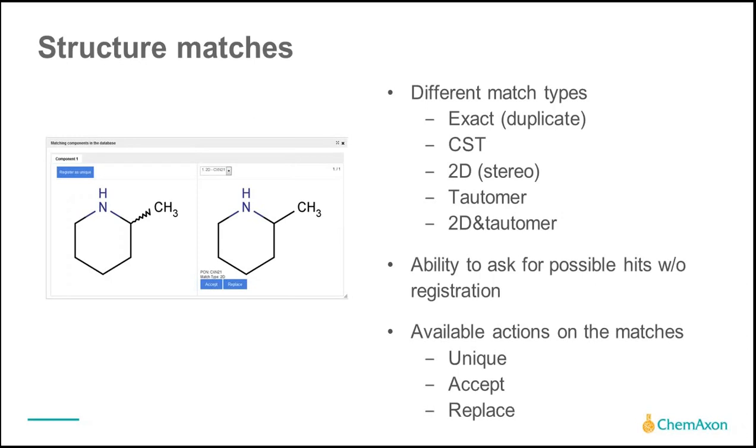If a match is found, the system will ask you what to do. Well, it depends on the configuration, of course. But what typically happens is that the registrar would be able to decide whether they want to register a new record for the particular molecule, accept the existing one, or replace it. This is just some minor technical detail.